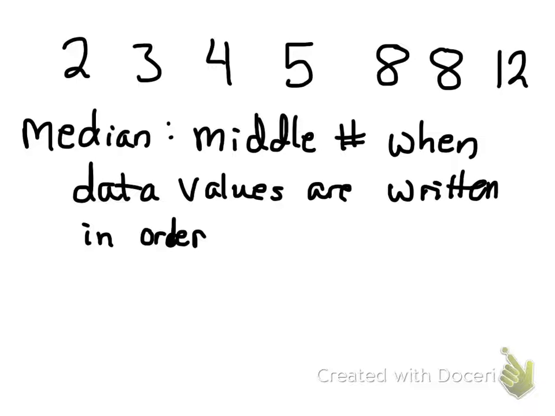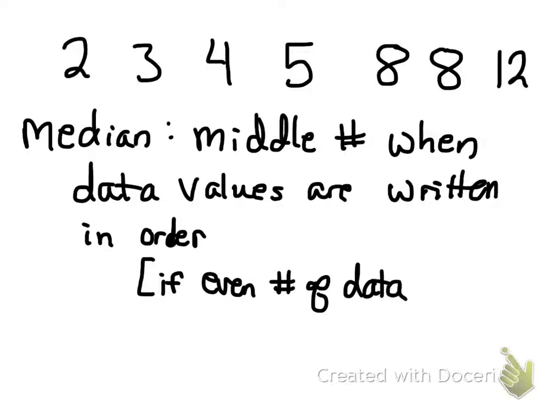It's the middle number when you have an odd set of data values. If you have an even number of data values, you can't really find the middle. That would be 3 numbers on each side. So if there's an even number of data values, then you take the 2 middle numbers.